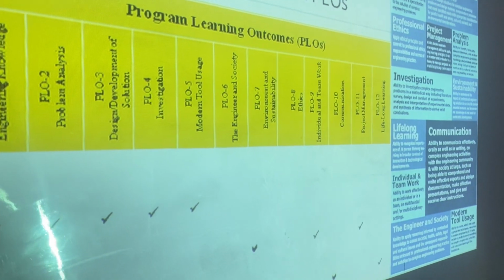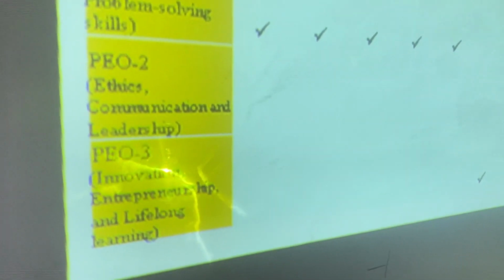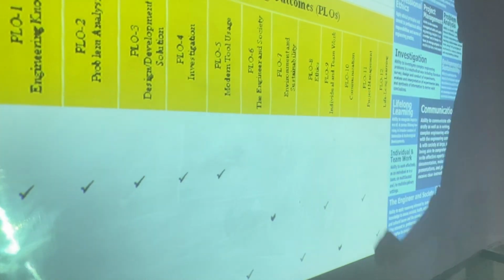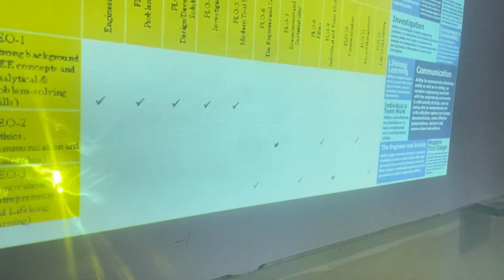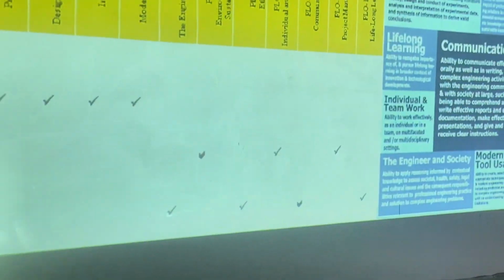Actually, it is hitting 5 PLOs. PEO2 is hitting PLO7 and PLO9. Similarly, PEO3 is hitting the remaining PLOs of electrical engineering.